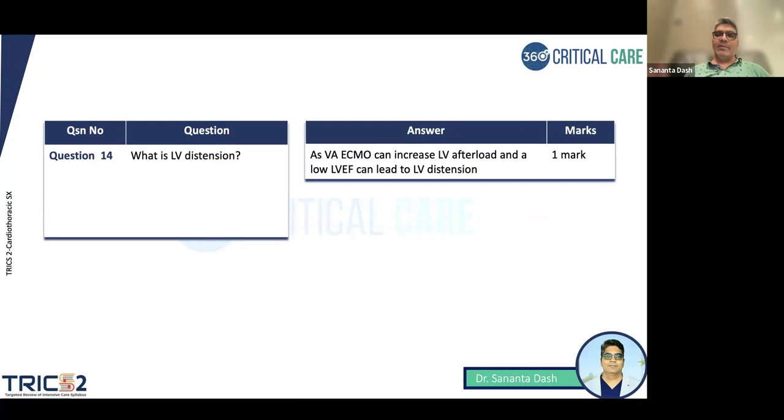Because of the afterload, the heart cannot push the blood into the arterial system, so it passively gets distended, which can cause stasis of the blood, which can cause thrombus in the heart and left atrial system, and further back pressure into the lung, causing pulmonary hemorrhage, high PA pressures, and all those things.